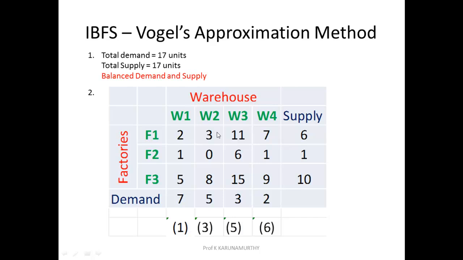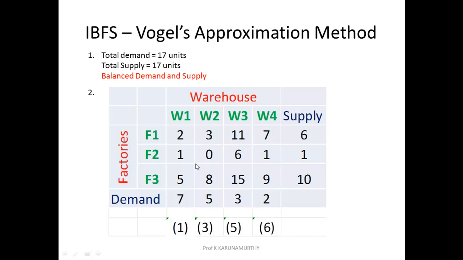Coming to column number 2, smallest value is 0 and second smallest value is 3. Difference is 3. That is written here. Similarly, coming to column number 3, smallest value is 6 and second smallest value is 11, and the difference between these two is 5. That is written here. And for column number 4, smallest value is 1 and second smallest value is 7. The difference is 6. So this we have written for each and every column.